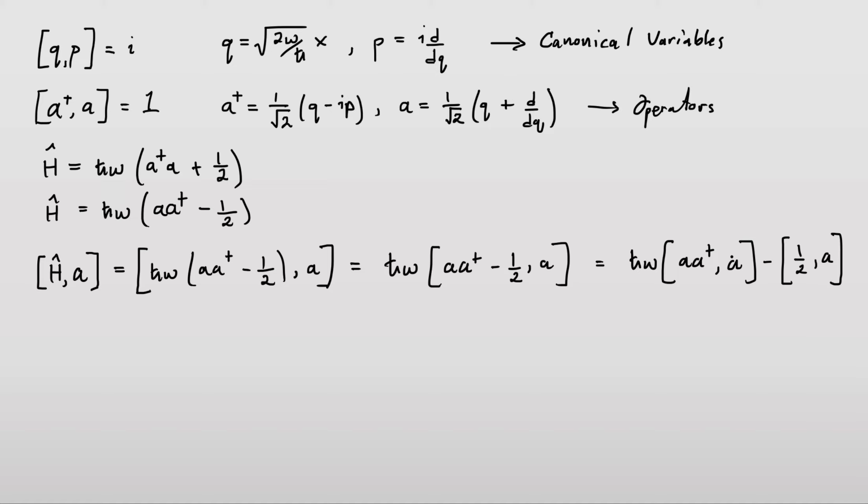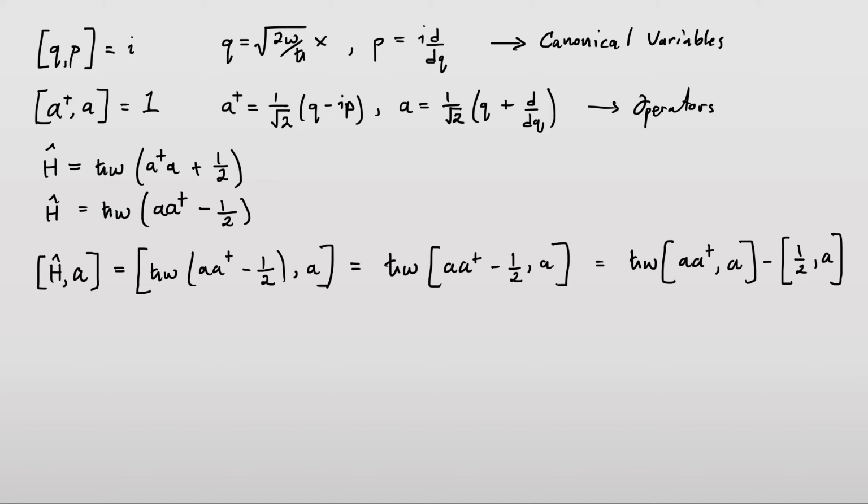And this here is going to be 0, because this is just a number, right? What we're going to get is 1/2 a minus a 1/2. Well, a times 1/2 is just 1/2 a, and so this is going to be 0 because of this constant right here.